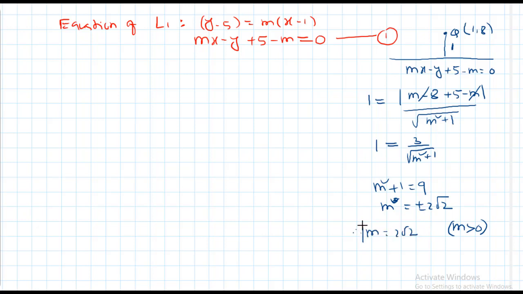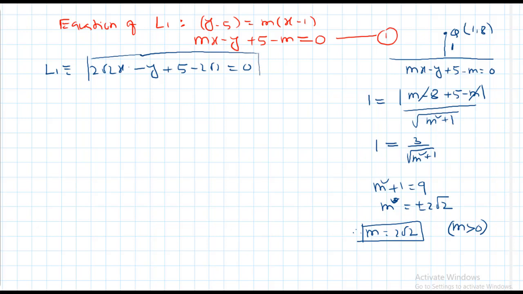So now I got, by using this m value, directly you can find the equation of the line L1. L1 equation now, nothing but m is 2 root 2, so 2 root 2 x minus y plus 5 minus 2 root 2 equal to 0. So this is the equation of the line L1. Okay, Nana.